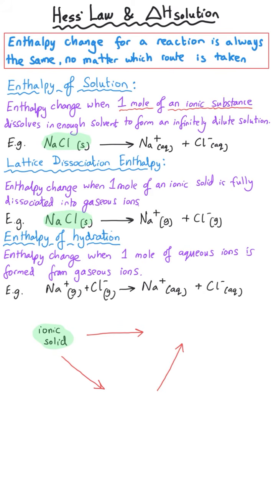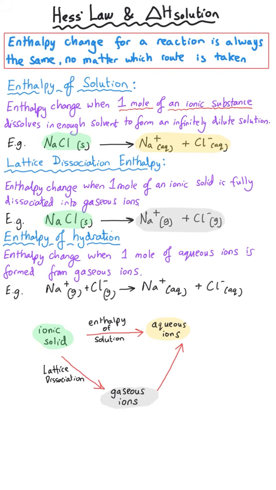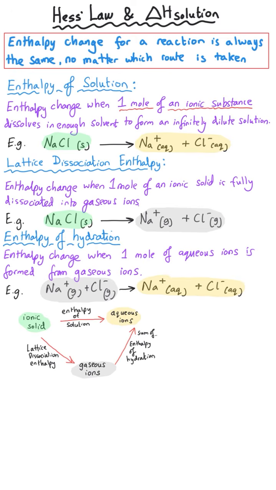So an ionic solid forms one corner of the triangle. However, the equations go in different directions because one of them turns into the aqueous ions and the other turns into the gaseous ions. And then the hydration enthalpy is when gaseous ions turn into aqueous ions. So this arrow of the triangle is referred to as the sum of the hydration enthalpies. And we can use this template for sodium chloride.